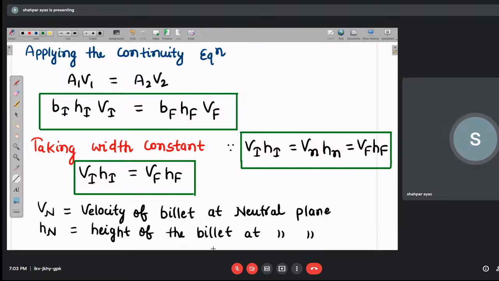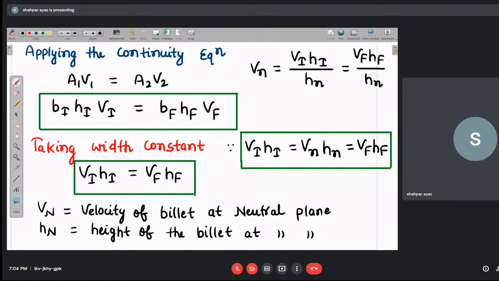This is the equation. If you want to calculate Vn, the velocity of the billet at the neutral plane, you can use Vi Hi by Hn is equal to Vf Hf by Hn.